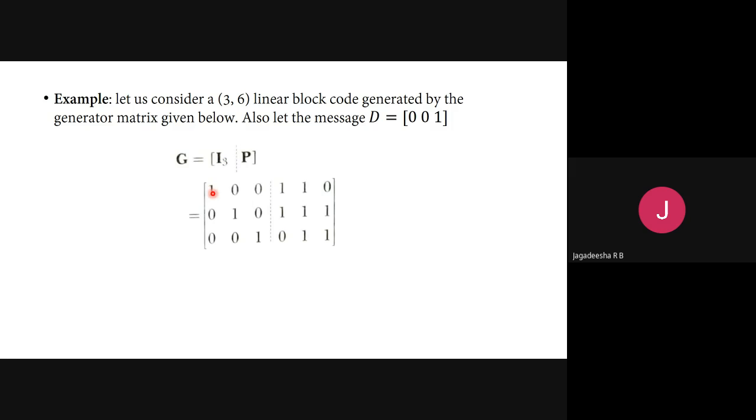The identity matrix consists of only the diagonal elements having the number 1, unity. You need to add that and generate the generator matrix. But in this question, G is directly given, so you can directly use this. In some questions, it is possible that only P is indicated. In that case, you need to find G using this equation, this relation.